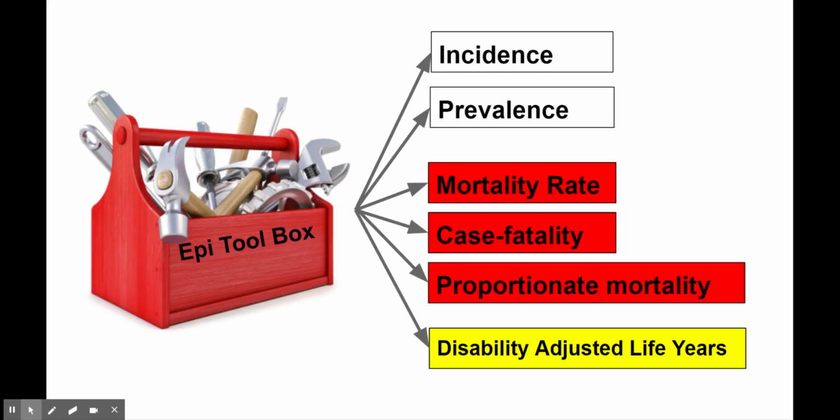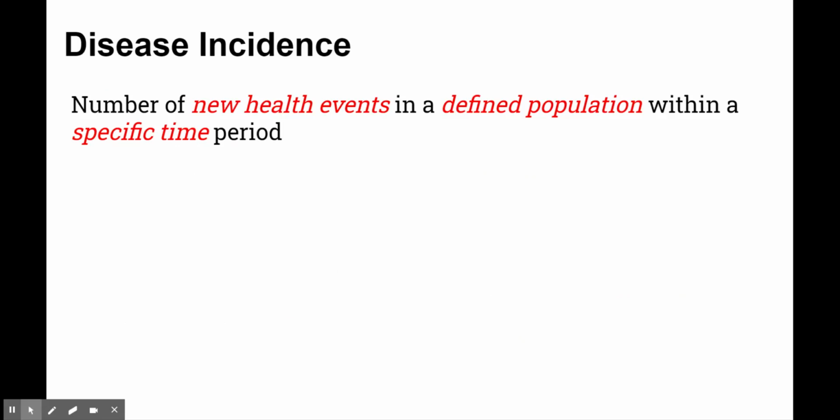So, this is an example of one of the tools that epidemiologists use to measure disease. What we just walked through was an example of incidence. And incidence is the number of new health events, the number of new COVID cases, for example, in a defined population, like California, within a specific time period.